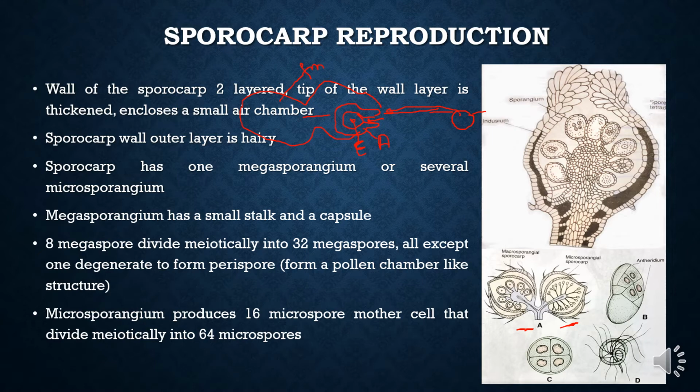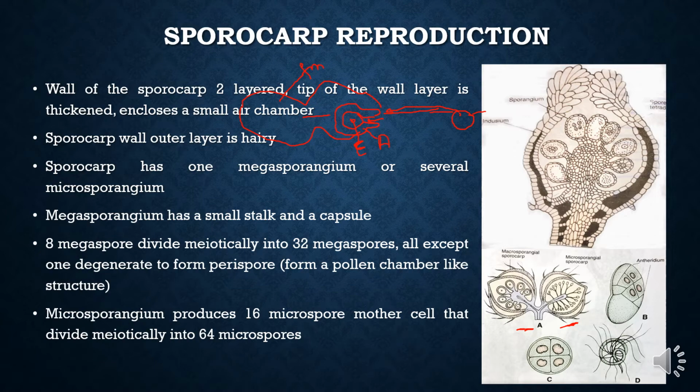The neck contains a single neck canal cell and a single ventral canal cell, which at maturity disintegrate into mucilage, and this mucilage attracts the sperm to swim towards the egg. The sperm reaches the neck region, and then fertilizes.